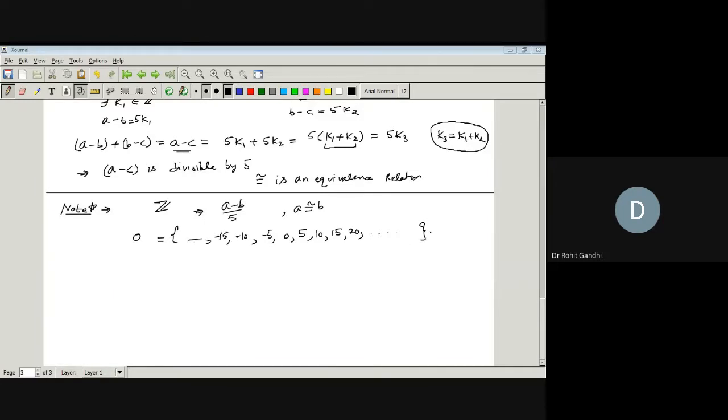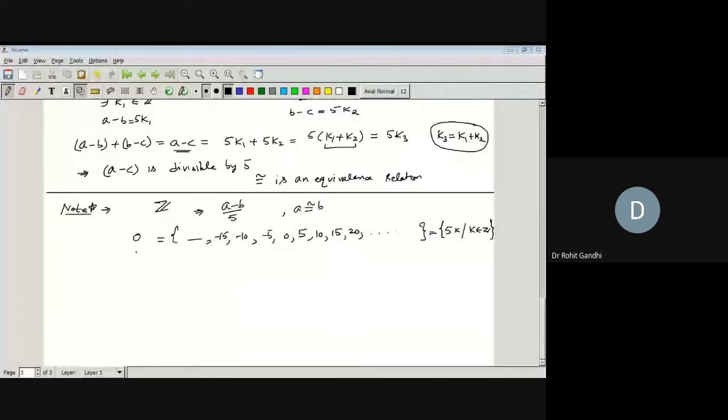So we have 5 times k, such that k belongs to integers. That means multiples of 5 are there, right? Now students, these all elements are in relation with 0.